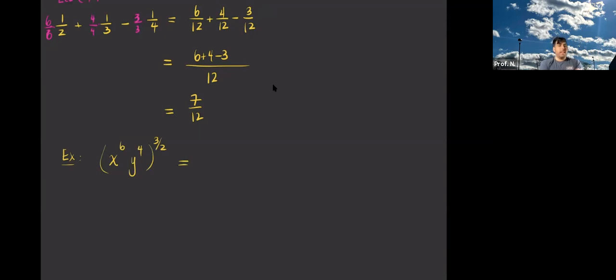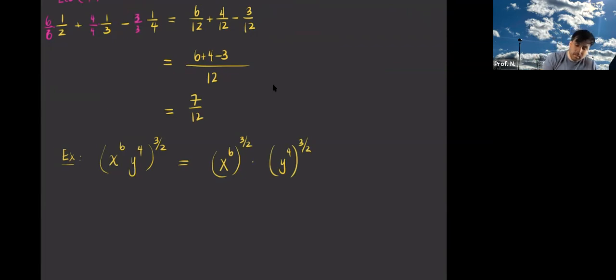My bases are not the same, so I can't combine the exponents. But both of these exponents are raised to the same power. Because of that, I can take x to the 6, raise that to the 3 halves, multiply that by y to the 4th, raise that to the 3 halves as well. So I can take each thing into parentheses and raise it to the corresponding same exponent.